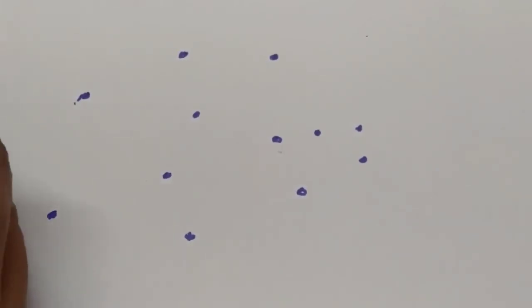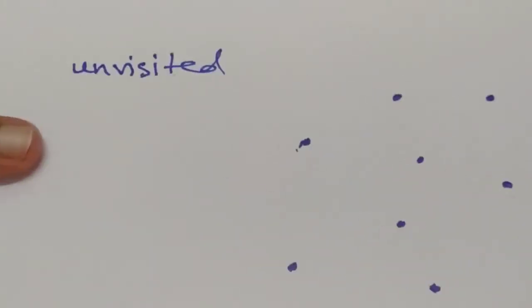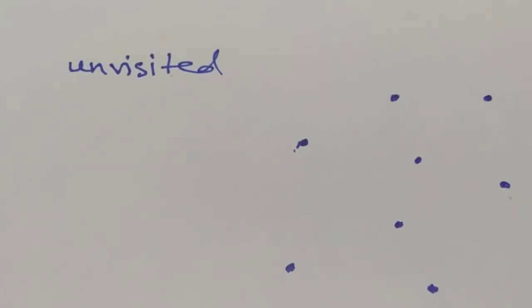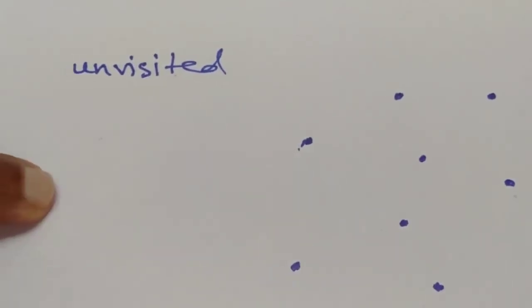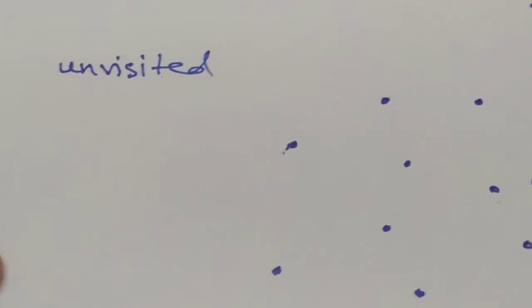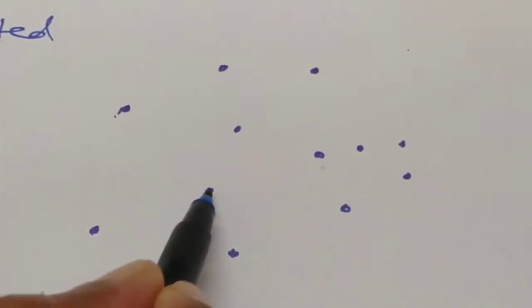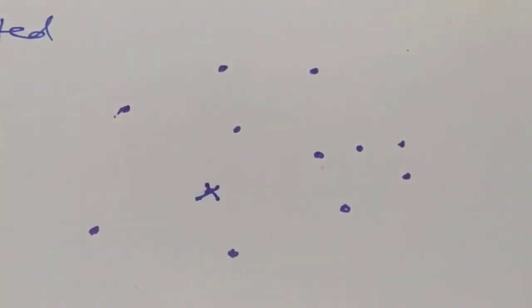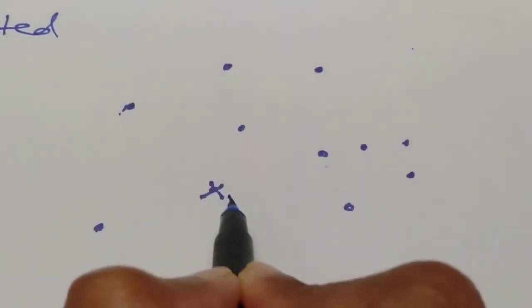That means none of them have been clustered so far. Now select a point randomly. Let me select this point as my first point. And then this point will be marked as visited.